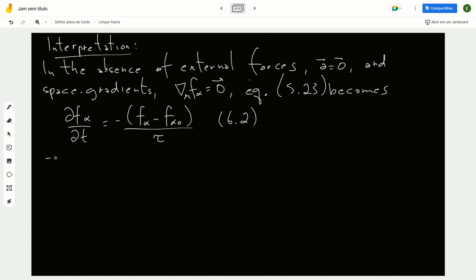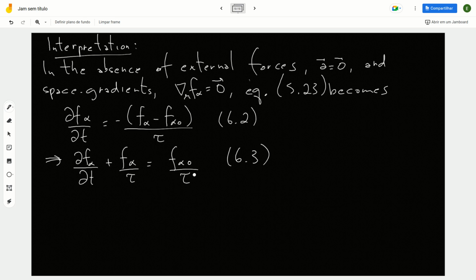So I'll just write it in the standard form for a first order linear differential equation. Have it like this, and a non-homogeneous term like this here. So this is just the same thing.